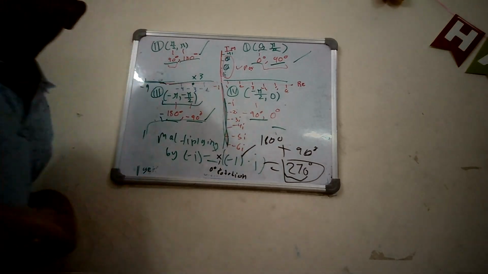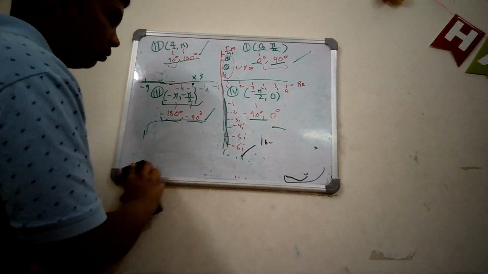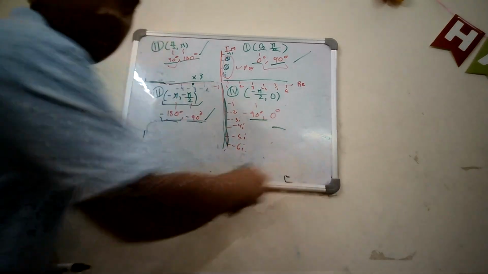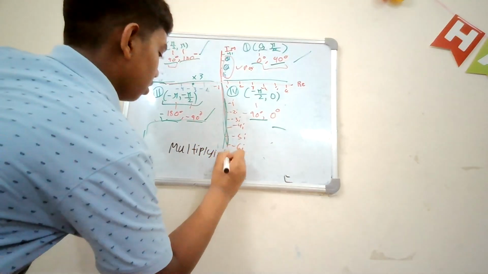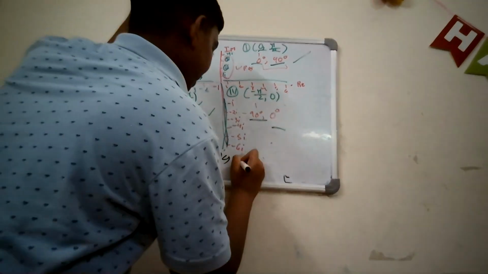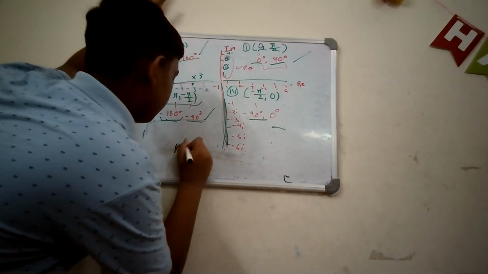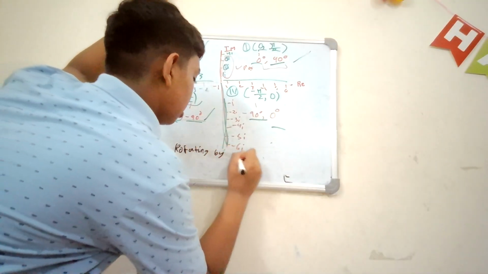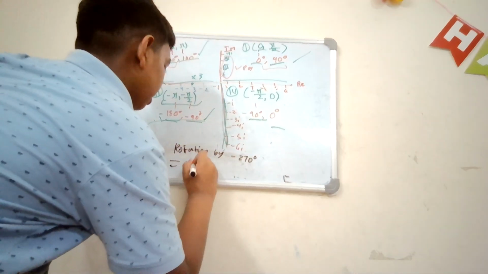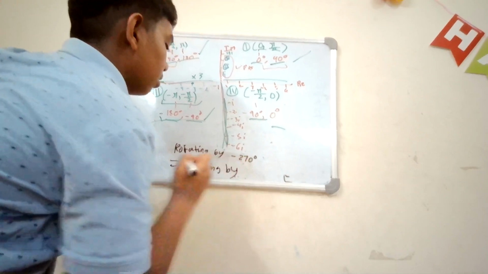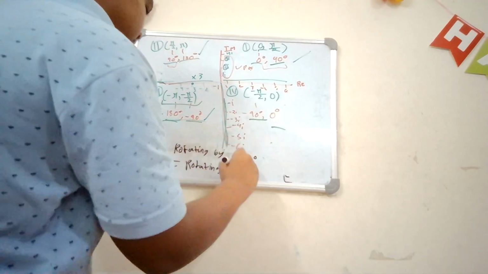Now, we know that rotating by negative 270 degrees is equal to rotating by positive 90 degrees. Similarly, rotating by positive 270 degrees is equal to rotating by negative 90 degrees.